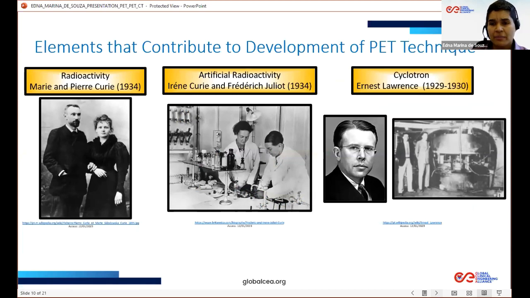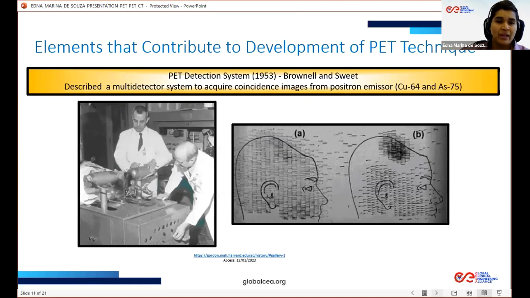Among them, we can mention the discovery of natural and artificial radioactivity, the development of cyclotrons and radionuclide generators, which are the main sources of radionuclides used in PET. Next, please. And finally, we have the project and development of the PET scanner.